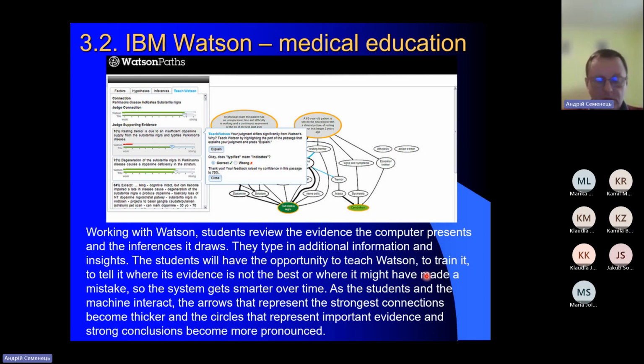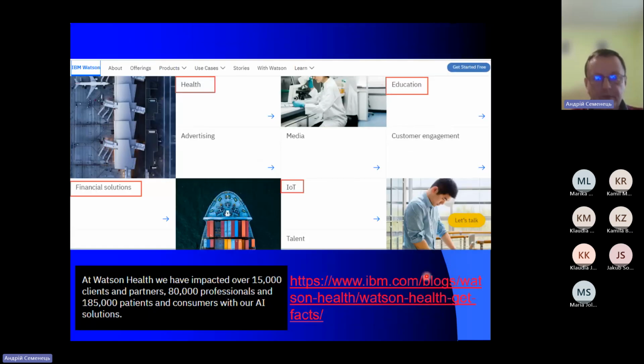So it's possible to visualize the decision made for a specific case, and also review and even improve it.